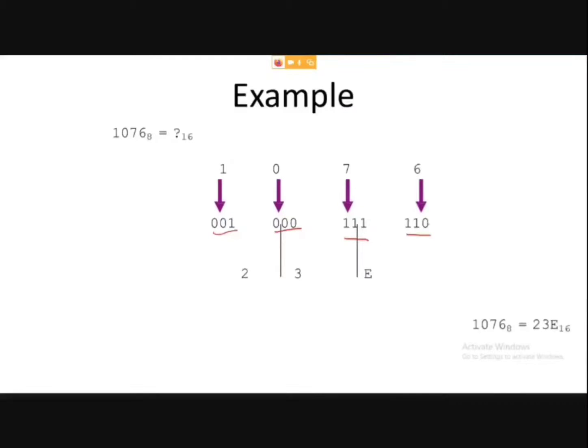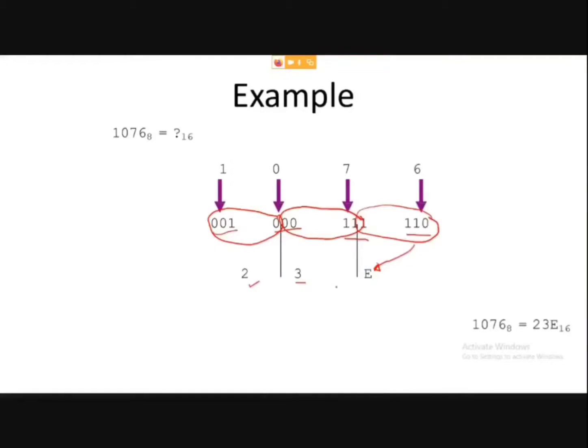Now I regroup these into 4 bits. This 1110 is equivalent to E. Okay, now the 11 from here and the 00 from here, if I merge these, 0011 becomes 3, and similarly 0010 becomes a 2.